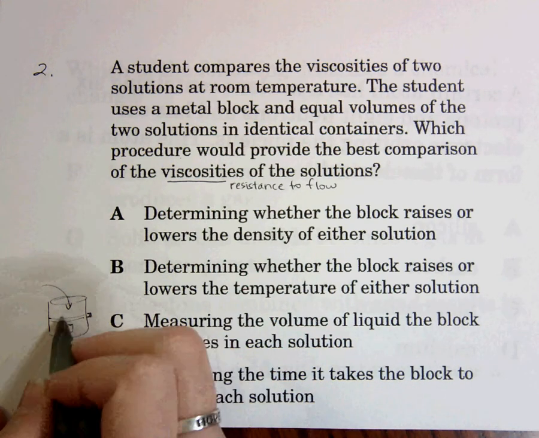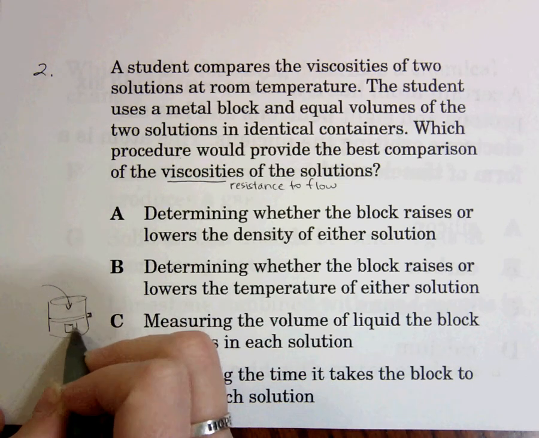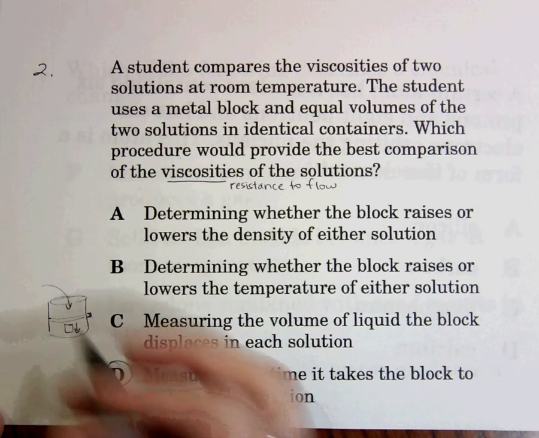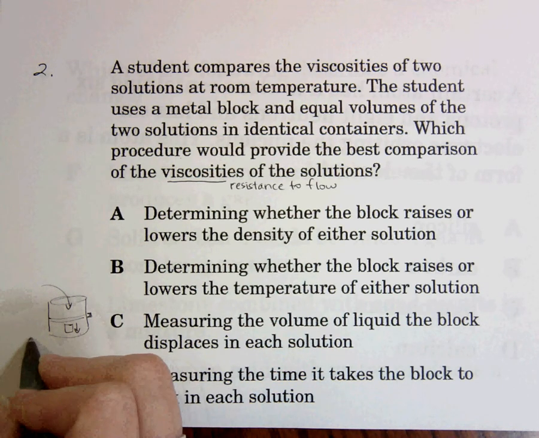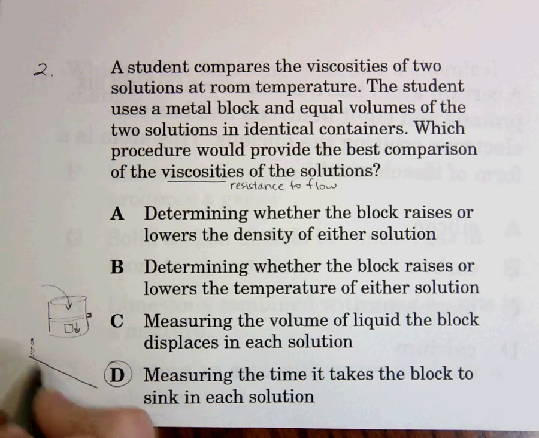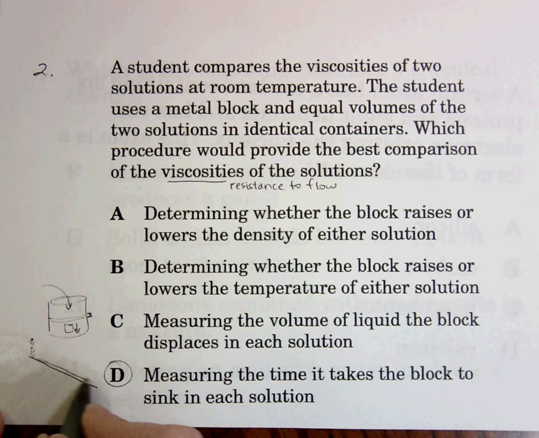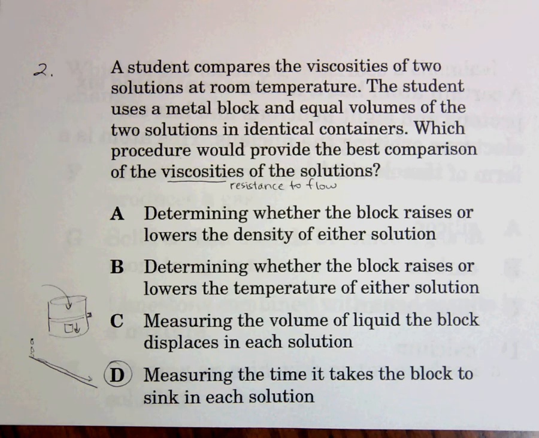So if I were to put drops of this liquid onto a ramp, we'd see how long it takes for that liquid to make it down to the bottom. Imagine if I did that with syrup, how slow it would be. That'd be a high viscosity liquid. Or if I did this with water, how it would just whoosh down the ramp, and it'd be very quick, so it'd be a low viscosity solution. So viscosity is resistance to flow. Make sure you know that for your test.